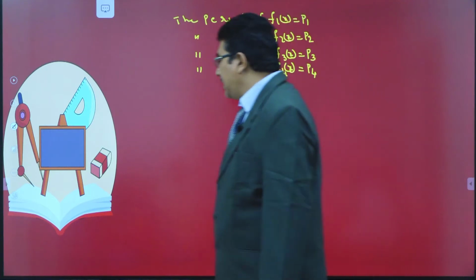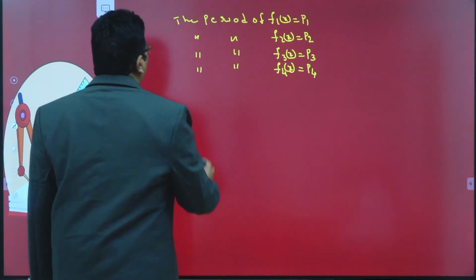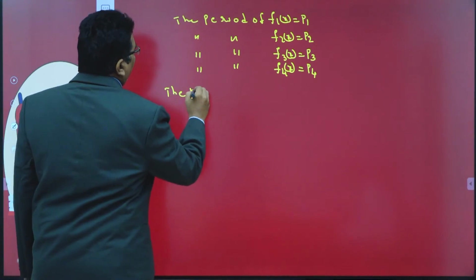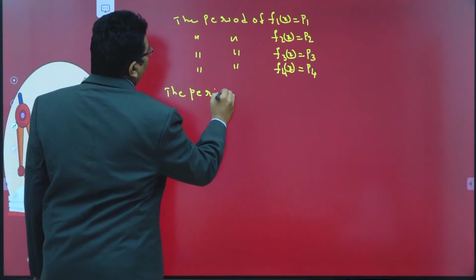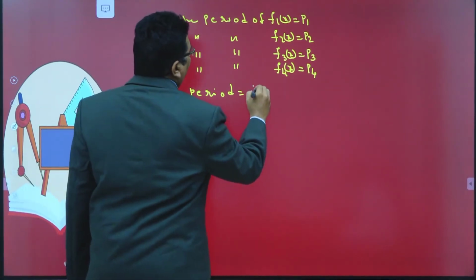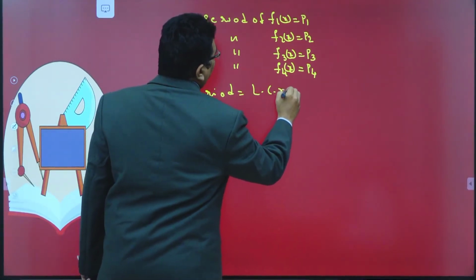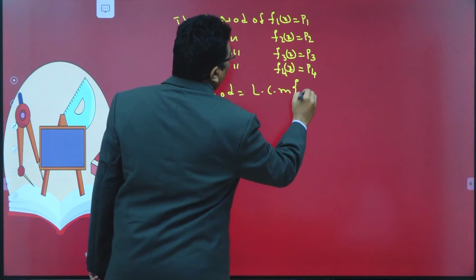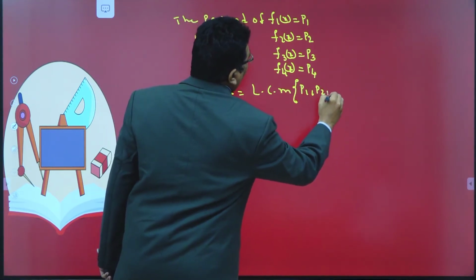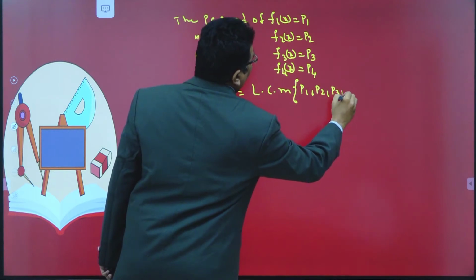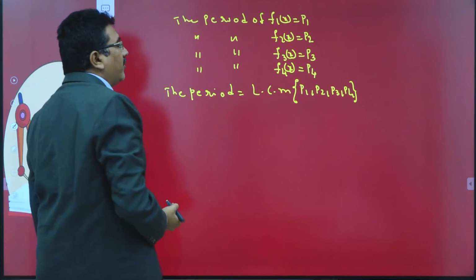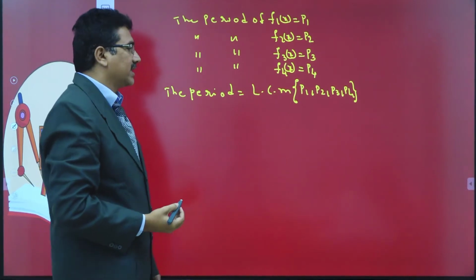Now the period of the given function is equal to the LCM of the periods p1, p2, p3, p4. That gives the period of the function f of x.